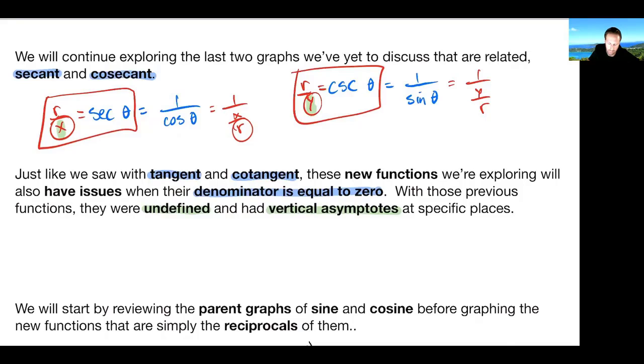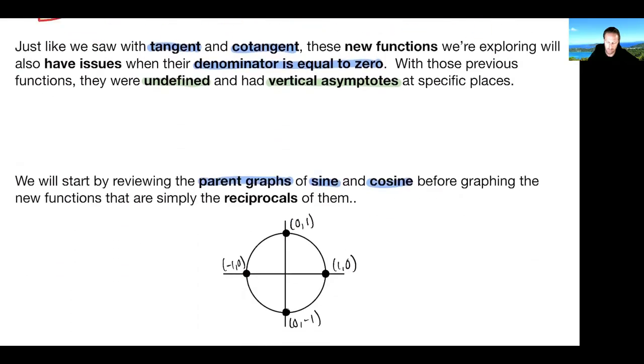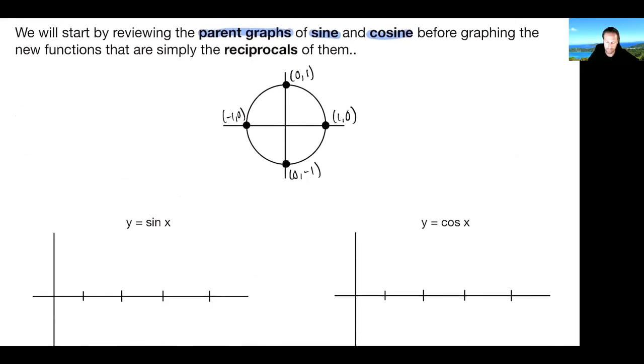And then the last thing I wanted to do in the notes here before we get going is talk about the parent graphs of both sine and cosine. If you don't know those like the back of your hand by now, then these are going to be even more difficult for you to come up with. So make sure you have those down pat before you move on to this section, because I'm going to review those with you right now.